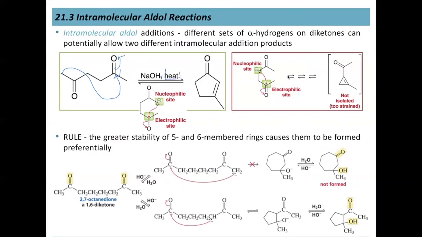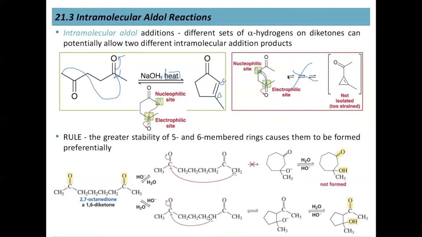Again, with a little bit of heat, we end up with the alpha beta unsaturated carbonyl. If I took the inside protons here and removed them, formed an enolate, I would get a 3-membered ring, too strained. So that's not going to happen. The greater stability of the 5- and 6-membered rings causes them to be formed preferentially.